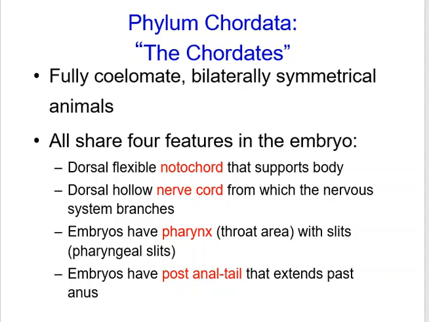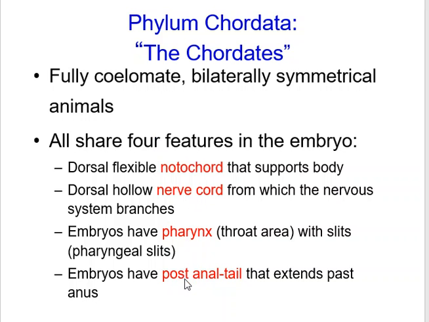So what really names this group is this rope-like structure, which is present from embryonic development on, and it may not become a spine. This is called the notochord. Okay, we talked about it. It supports the body.